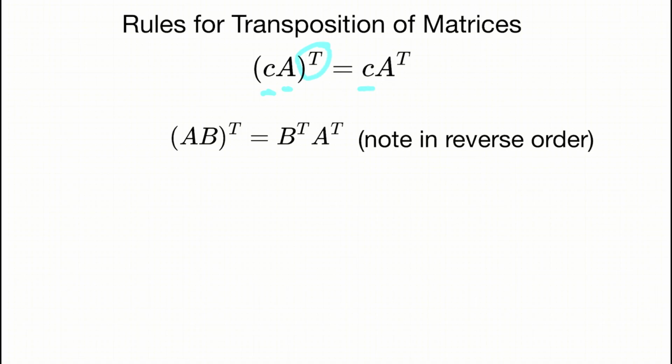And we did a video on multiplying a matrix by a scalar. So I'm not going to go through and illustrate this one, I just want to make sure you're aware of it. Also, if we take A, B multiplied together and take the transpose, that's equal to the product of B transpose A transpose. Notice one thing, the order has changed here. It's not AB, it's BA. So you want to take note of that.